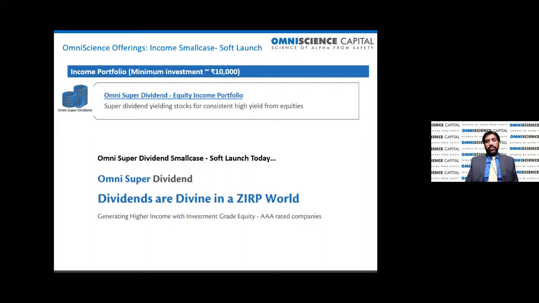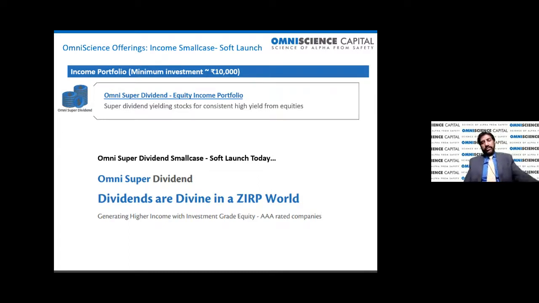So they all fit into the scientific investing criteria, but they provide, as a portfolio, an average yield, the portfolio yield, of around 8%. And we will be releasing a report in the next week, which will give you more insight into why. So this is not your typical case where you know a stock which is yielding very high, and somebody is very excited about those stocks and somebody is very skeptical about those stocks.